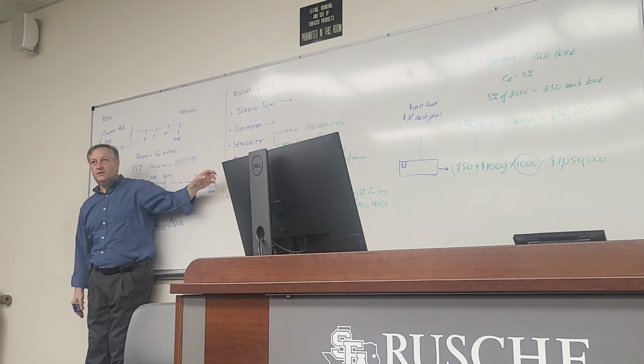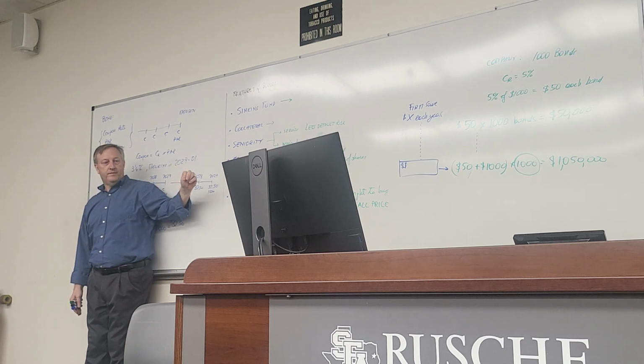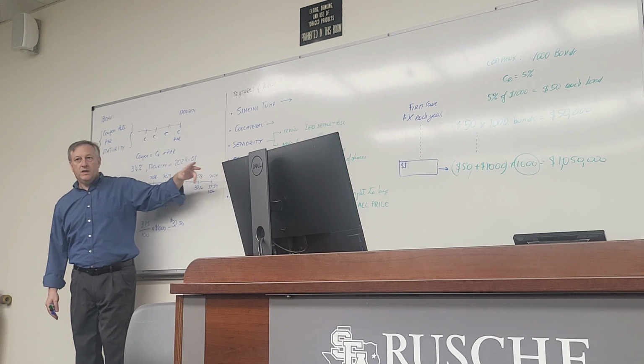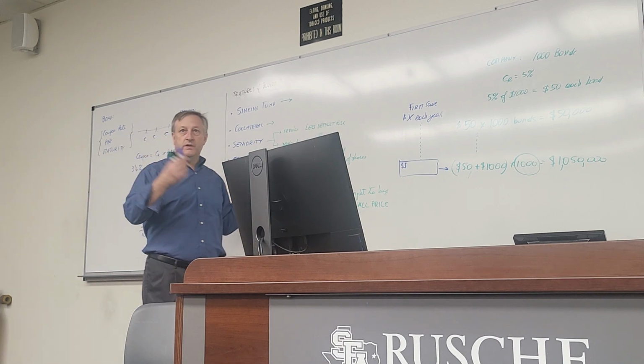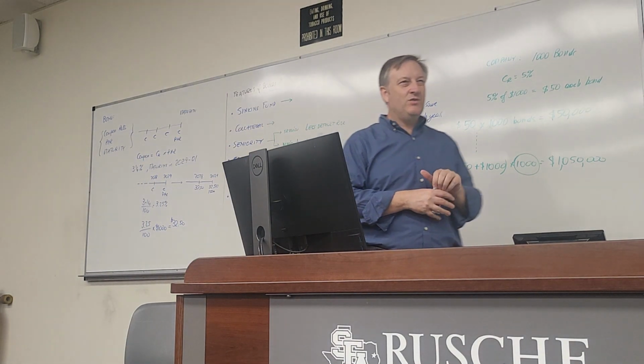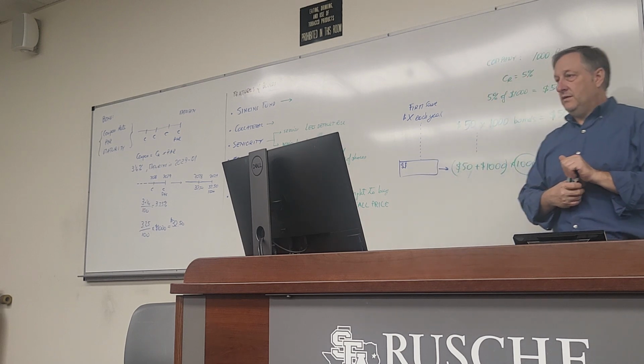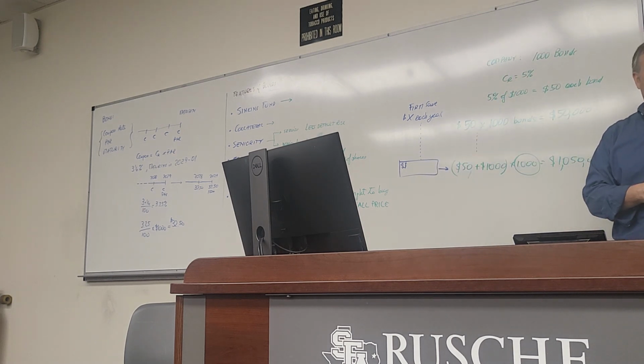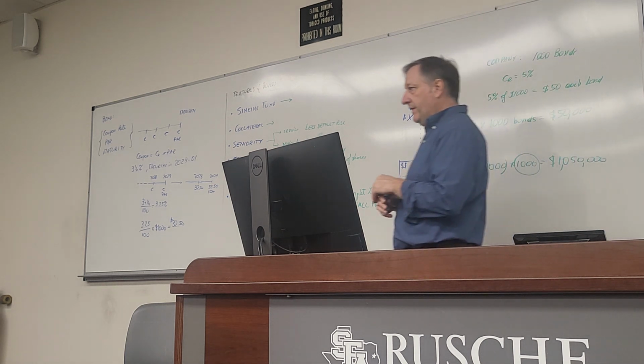What else? Collateral. Sinking fund, depending on how it's structured. Conversion. This gives you two ways to make money, right? What is it that you definitely don't want? You don't want to have a call feature, right? You want to be in charge of controlling your holding period in this bond investment.